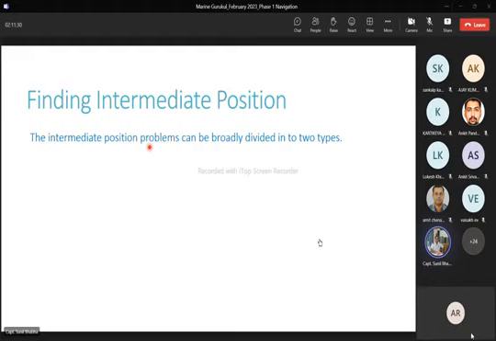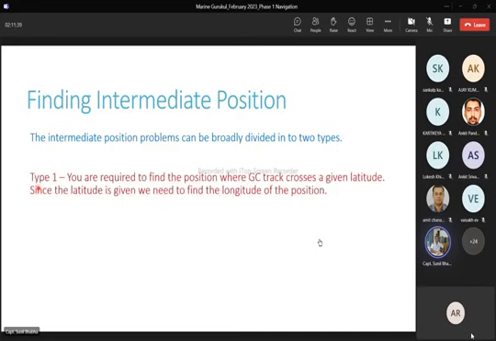The intermediate position problems can be broadly divided into two types. The first type, type 1, is where you are required to find the position where the great circle track crosses a given latitude. Since the latitude is given, we need to find the longitude of that particular position.